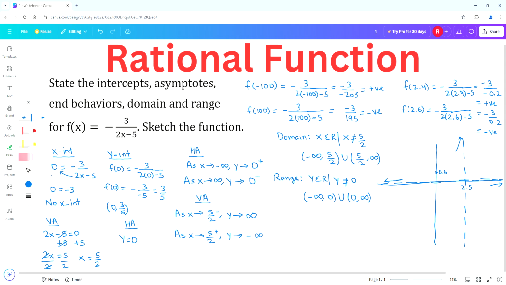And on the right side, it approaches in the downward direction. Now we can join these end behaviors through the y-intercept. So this can be the sketch of this function.